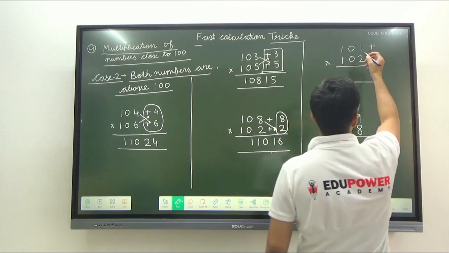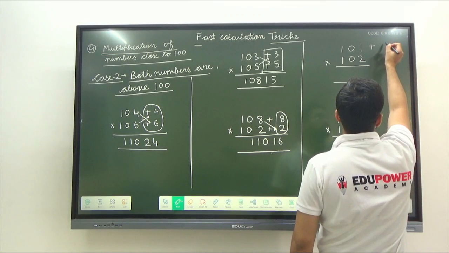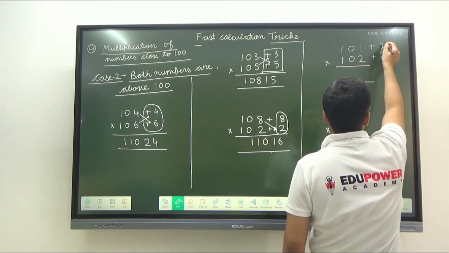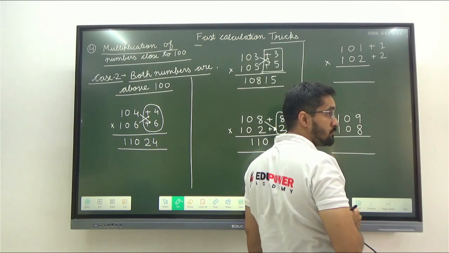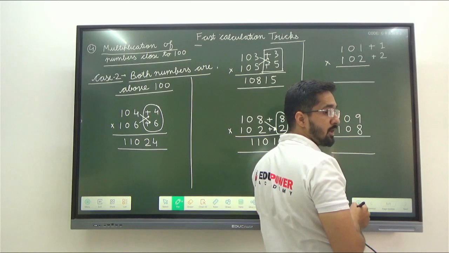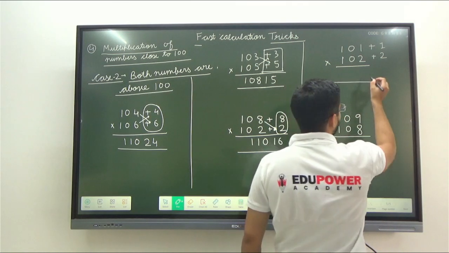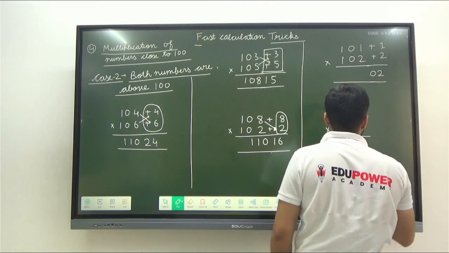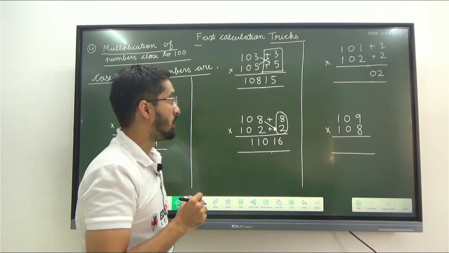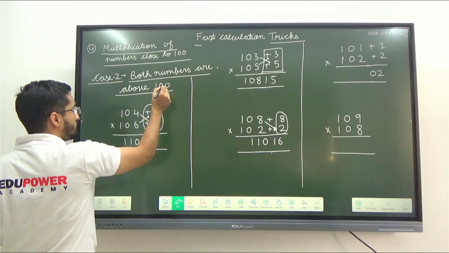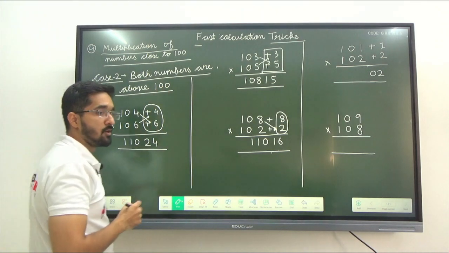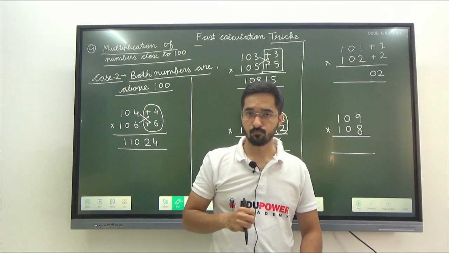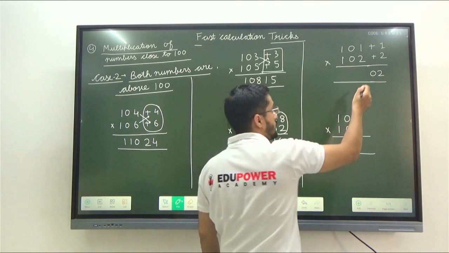Okay. Now 101, that is plus 1, and this is plus 2. Now 1 into 2 is 2, right, but we do not write it as 2, we write it as 02. Why do we write it as 02? Because we know that the base is 100, and in 100 there are 2 zeros, hence we write it as 02.